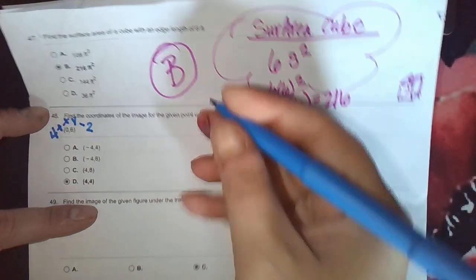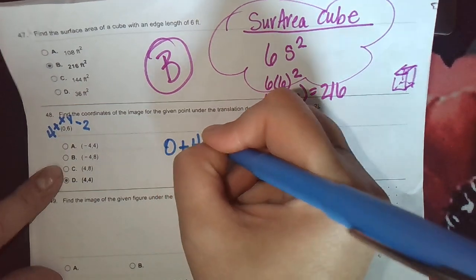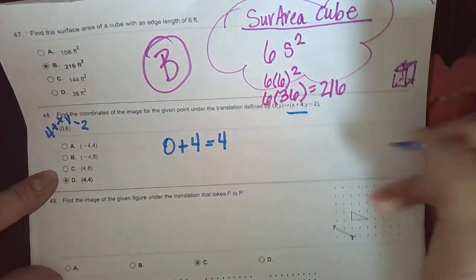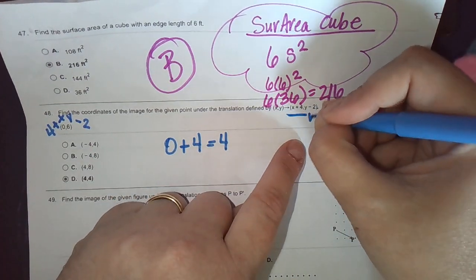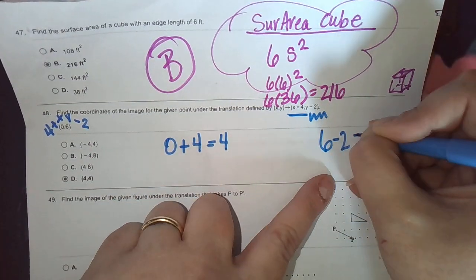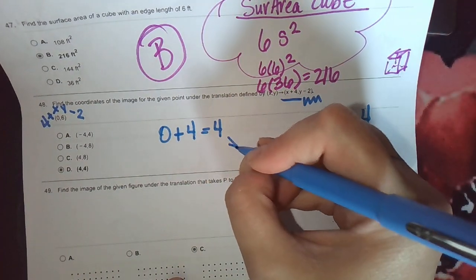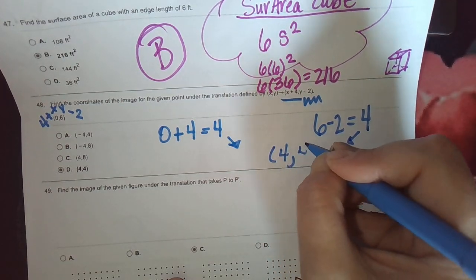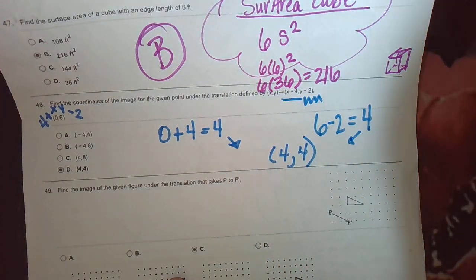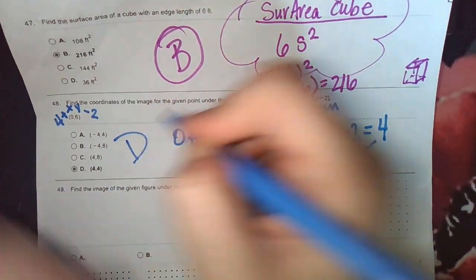So we take that 0 in the x and plus 4, and you get 4. Then we take that 6 in the y and subtract 2, and you get 4. So my final answer is what I got from the x's and the y's. 4, 4. Woohoo! Or D.